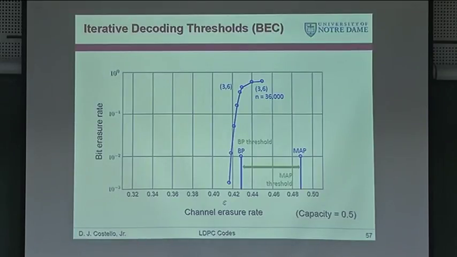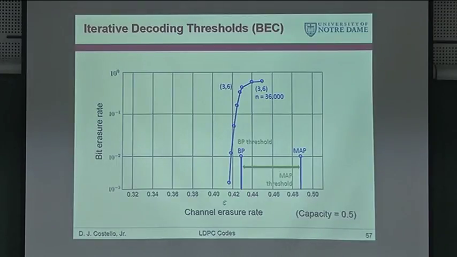iterative decoding. Now, you can also calculate these thresholds for MAP decoding. It's a different type of analysis because it's not an iterative decoder at all. If the ensemble you were considering is the ensemble of all possible block codes of a given length, your MAP threshold would be capacity.